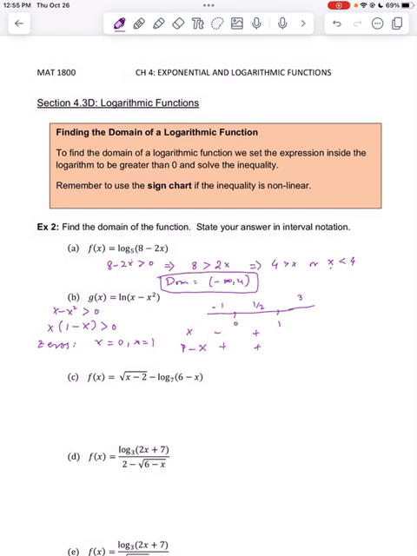Then I pick a point in this region, for example 2 or 3, positive and negative. So multiply the signs: negative, positive, negative. Remember, we want the region where we are getting a positive sign because we want the expression to be greater than 0. So the domain will be 0 to 1.